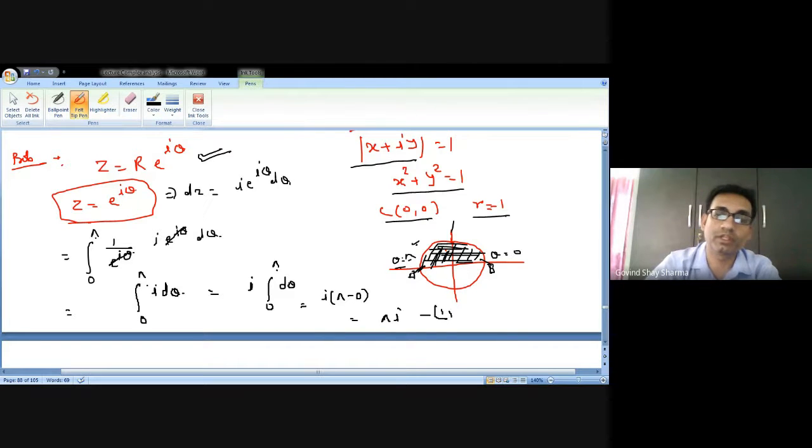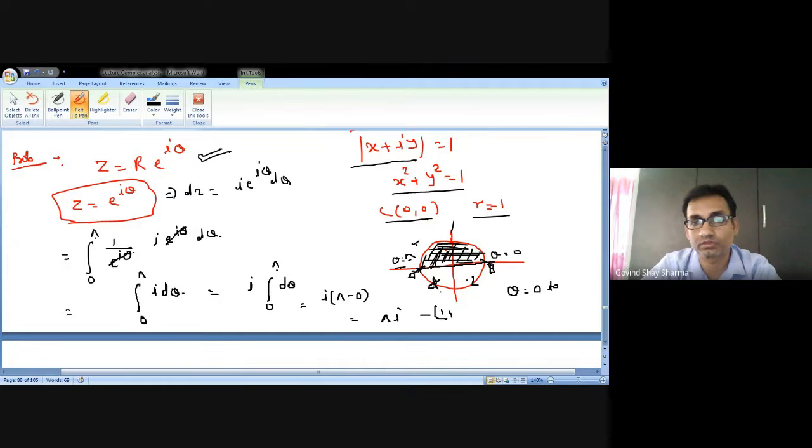If we take the downward semicircle from A to B, this is the curve, so we take the path in the other direction.